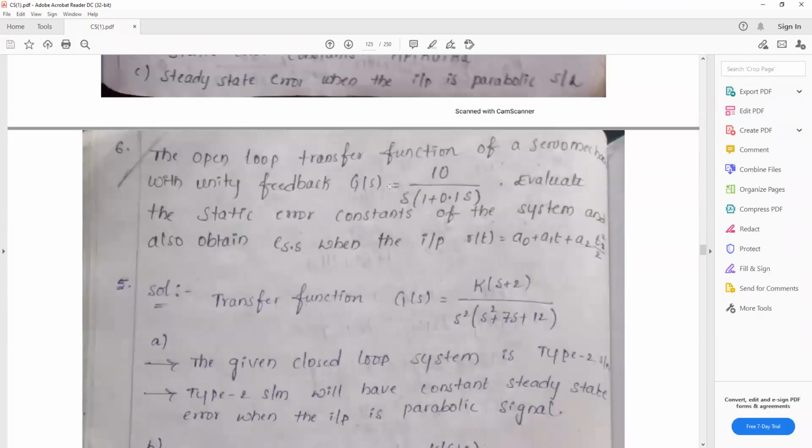Okay. So next, the open loop transfer function of a servo mechanism with unity feedback, G of S is equal to 10 by S into (1 plus 0.1 S).